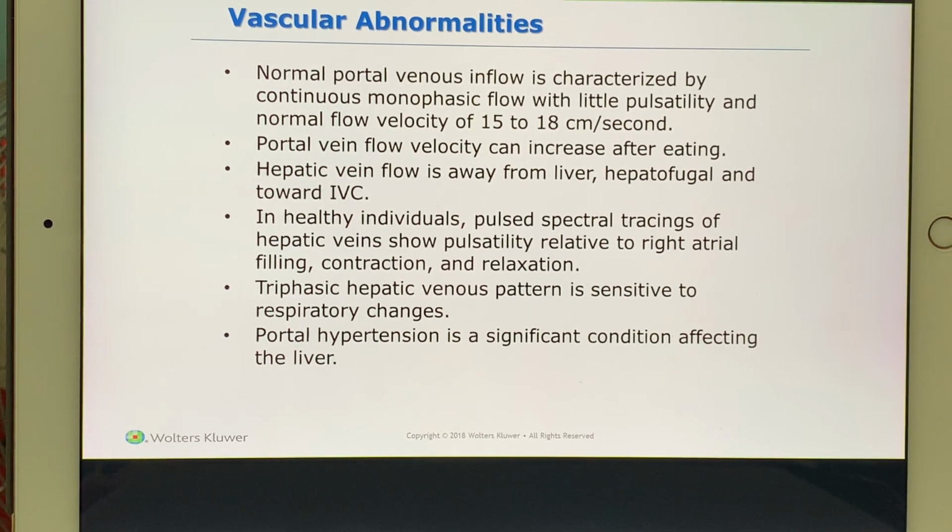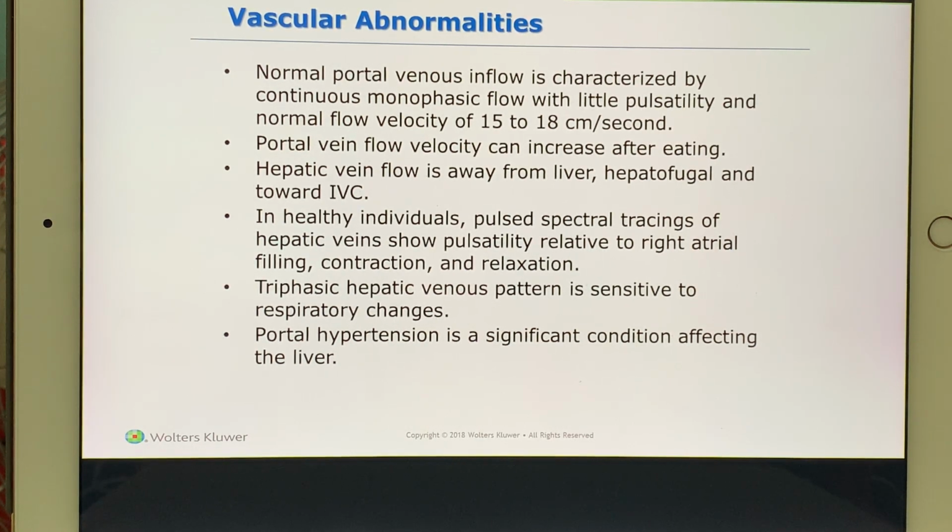Because the hepatic veins are so close to the right atrial filling of the heart, with the heart beating, contracting, relaxing, the hepatic veins can have almost what looks like an arterial blood flow. They call it the W because it almost goes below the baseline, but then it doesn't.